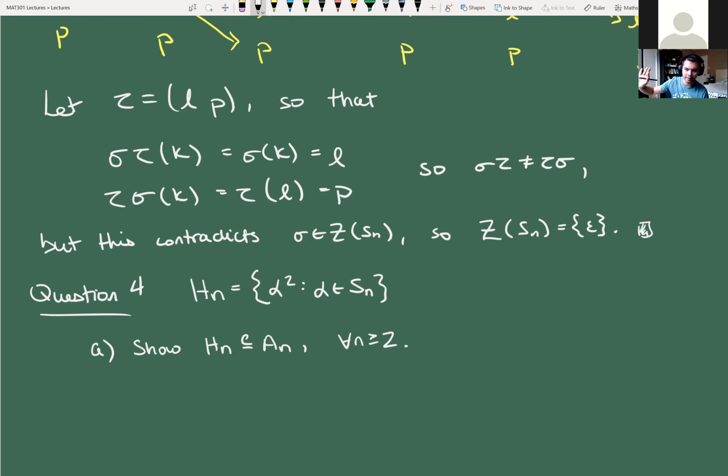Why can I just immediately conclude this? There's no need to do anything. Think back to our conversation the other day about why the odd permutations are not a subgroup. What happens when you multiply two odd permutations? Exactly, odd by odd is even.